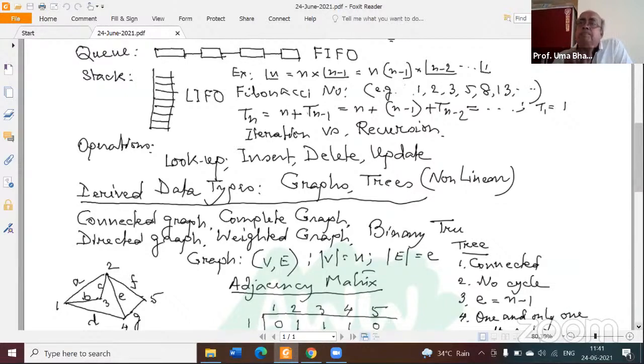Once we fix that, if my name is smaller than that, I'll be wasting some space. If my name is longer than that, you have to truncate. You may have faced this problem in many cases when you fill up a form in a machine. You give your name and then it's truncated somewhere. Why? Because it is stored as an array. But it can be stored as a linked list also. My name is Swapan, one character, then link to W, then link to A, then link to P, and then like that.